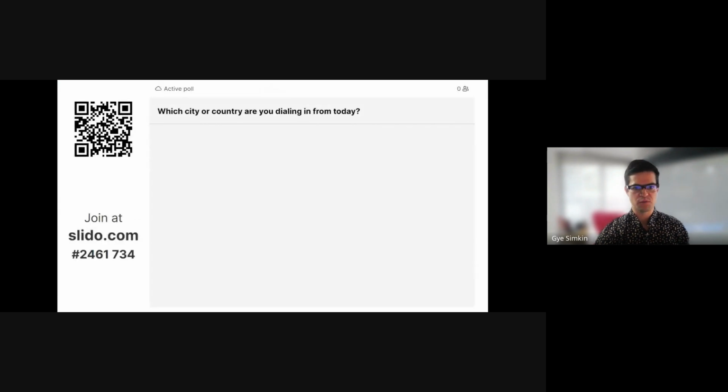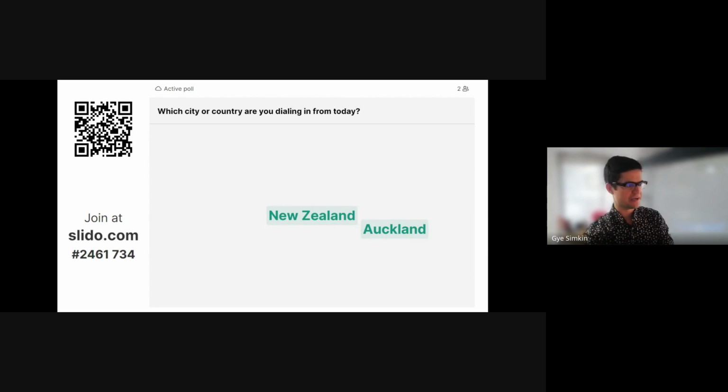We've got one quick poll here, so that same QR code is there if you're still getting your phone out. Let's see from the audience, which city or country are you dialing in from today? You can see there's one person typing. So we've got at least one person from Auckland, from New Zealand. And I was talking to a few people from Australia that were quite interested in this topic, that may not be able to make the presentation, but we will have a recording afterwards.